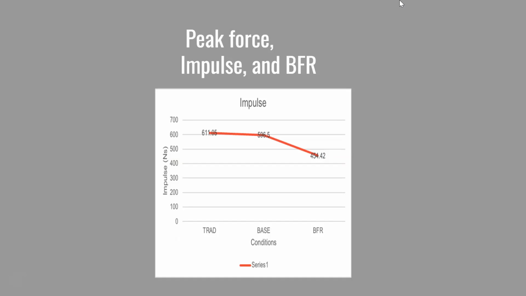We can say that muscle fatigue after the use of BFR caused shorter jump squat duration. On the other hand, we see the lower peak force with longer time resulted in higher impulse values.